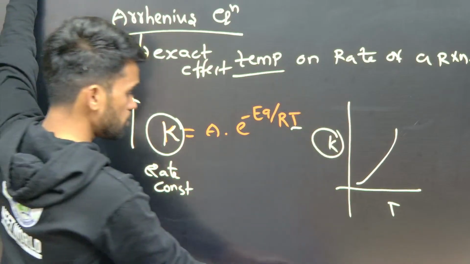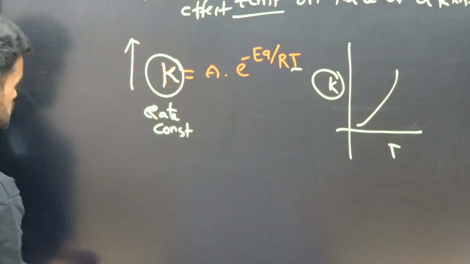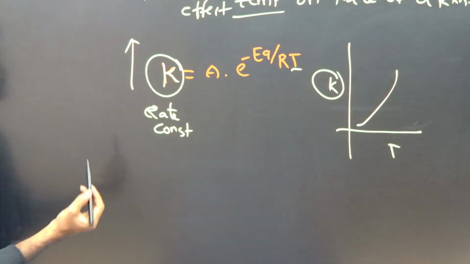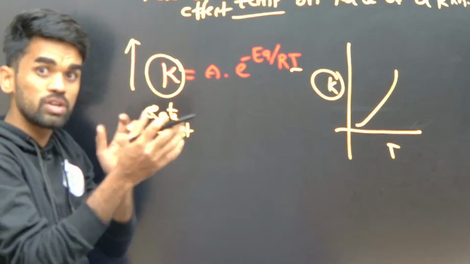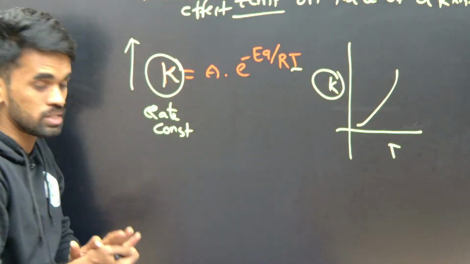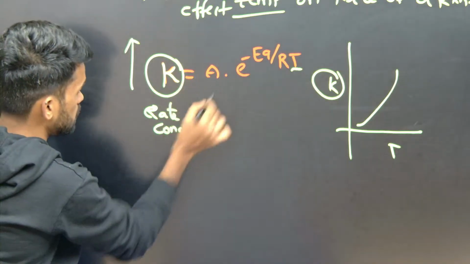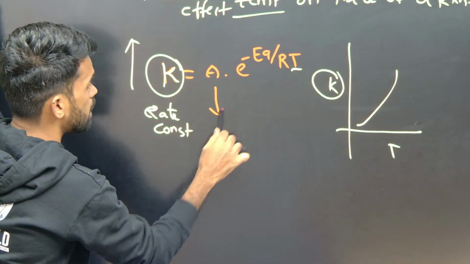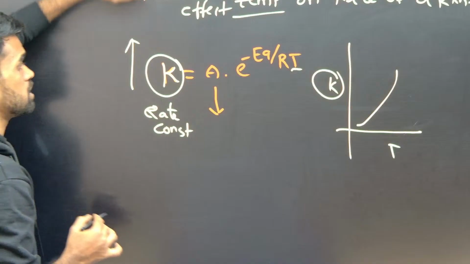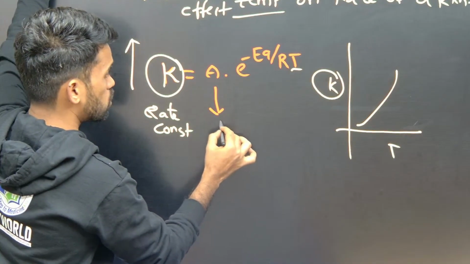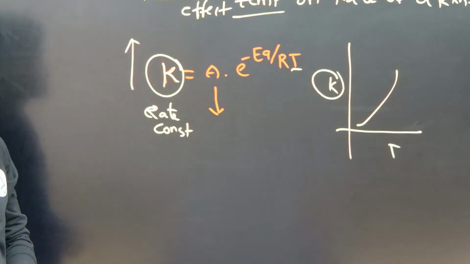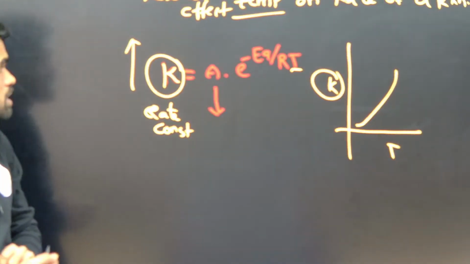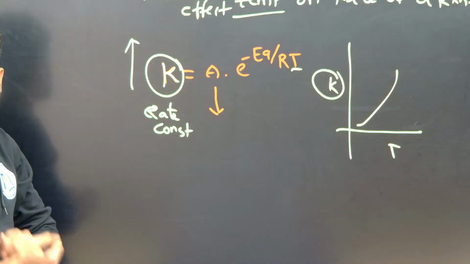Now from this equation, let us conclude how we can relate the rate constant at two different temperatures. Very simple. Send this A to this side. Here A is called the Arrhenius parameter. For a first order reaction it is also called the pre-exponential factor or frequency factor, because its units are second inverse, the same as the rate constant in a first order reaction.